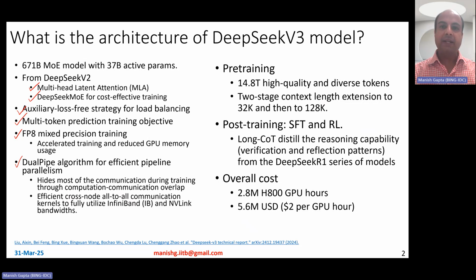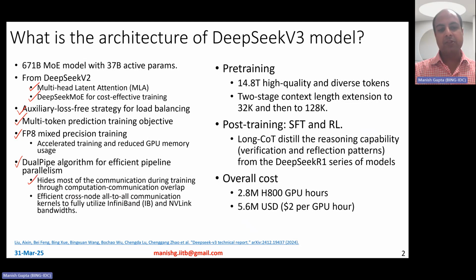The main idea behind this dual pipe algorithm is to optimize for intra-node as well as inter-node traffic, and then ensure that the communication traffic is nicely overlapped with the computation, so that the computation does not need to wait until the communication is over, and the communication does not need to wait for the computation. So basically, nobody should wait, and thereby ensure the most efficient usage of the entire cluster.